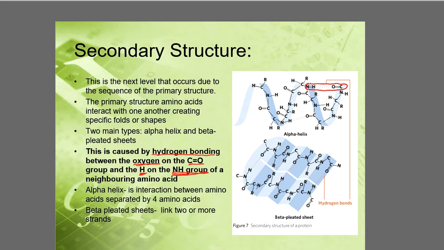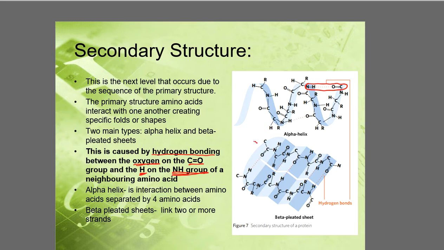The only difference between alpha and beta is what kind of amino acids it occurs between. In an alpha helix, it occurs within the same polypeptide chain, between amino acids separated by 4 units, so 1, 2, 3, 4 along the chain. Beta-pleated sheets, however, have that interaction occurring between 2 different polypeptide chains.